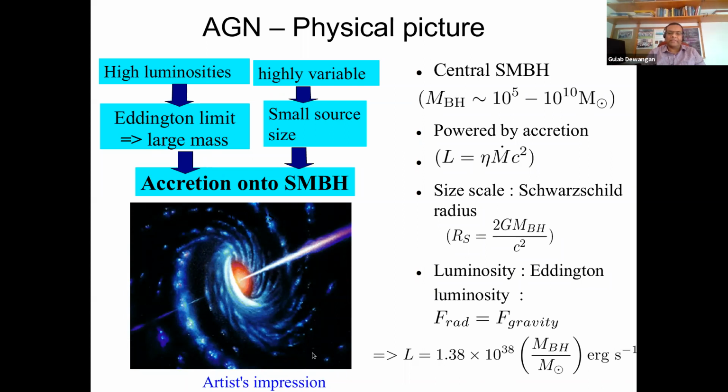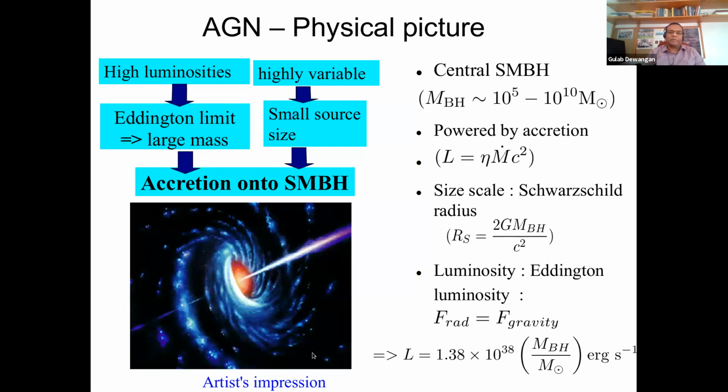The radiation pressure force generated must be balanced by the gravitational force, and that gives the Eddington limit, and that gives us a limit on the mass, and that turns out to be huge mass, million to billion solar masses. And now, of course, we have a pretty accurate measurement of black hole masses using the reverberation mapping technique in the optical band, and that also, of course, tells us that the masses are large, 10 to the power 6 to 10 to the power 9 solar masses.